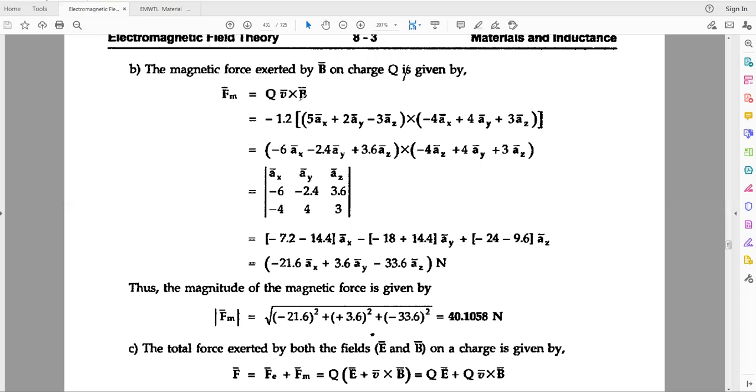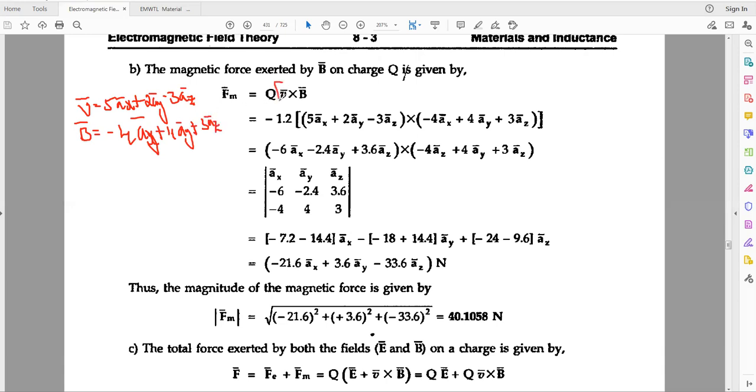It's a cross product with the magnetic flux B bar, which is given as minus 4ax bar plus 4ay bar plus 3az bar.